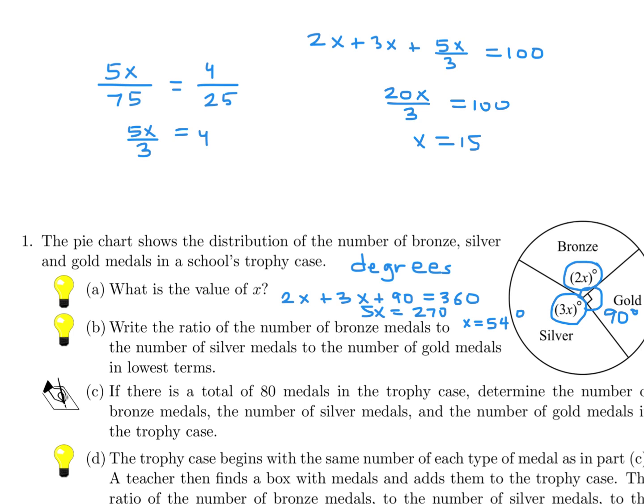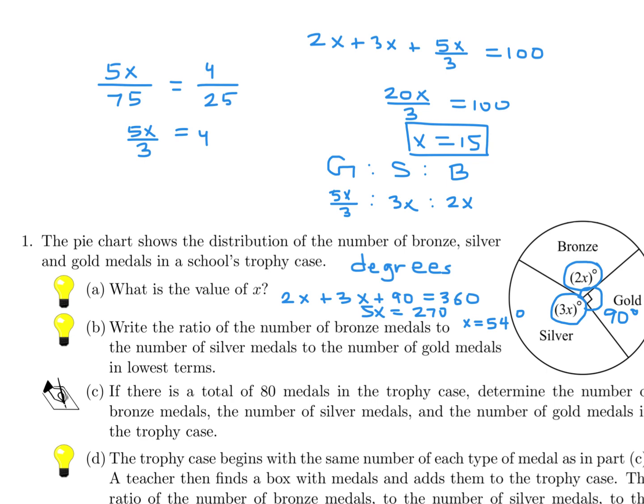So that means that when you make this ratio of gold to silver to bronze, gold is 5x over 3, silver is 3x, and bronze is 2x, right? So once x equals 15 is placed into that, what does it become? 15 divided by 3 is 5.